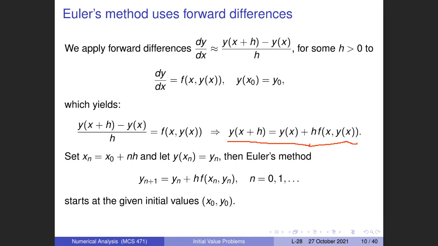We know y at x, so we can evaluate the right-hand side, and at the left is our new value. We discretize everything, which means that x_n is n step sizes away from our start position, and we find approximations for the function values at these steps.